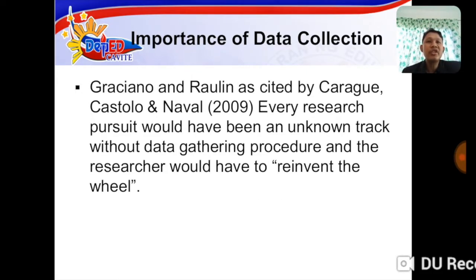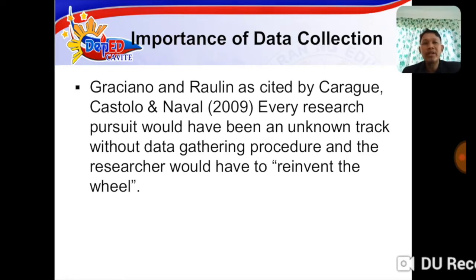So, in understanding the data gathering procedure, we can make the researcher foresee the viability or early success of the study, and at the same time, provide a place to start regardless of whether the research study is quantitative or qualitative.